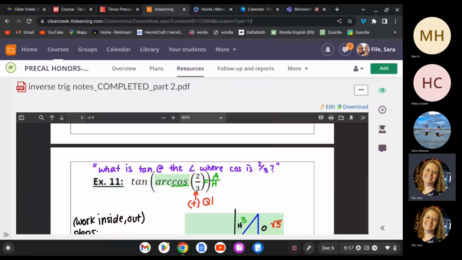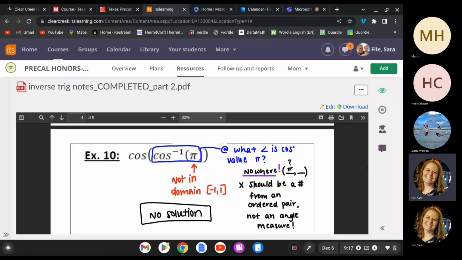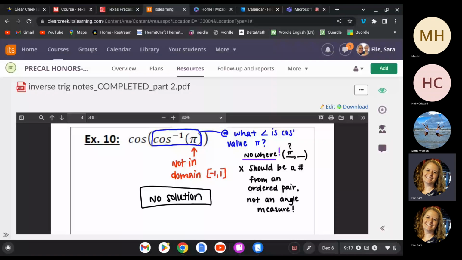It's not always possible. So here was one that we did in the notes where you want to try and say, oh, cosine and inverse cosine, they cancel out, the answer's pi. But again, pi is not in the domain for inverse cosine. It doesn't make sense to ask inverse cosine of pi. Pi should be an output for inverse cosine.